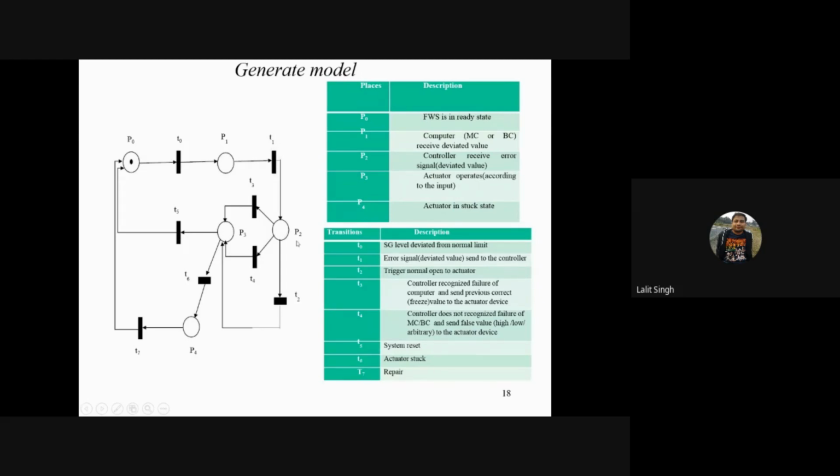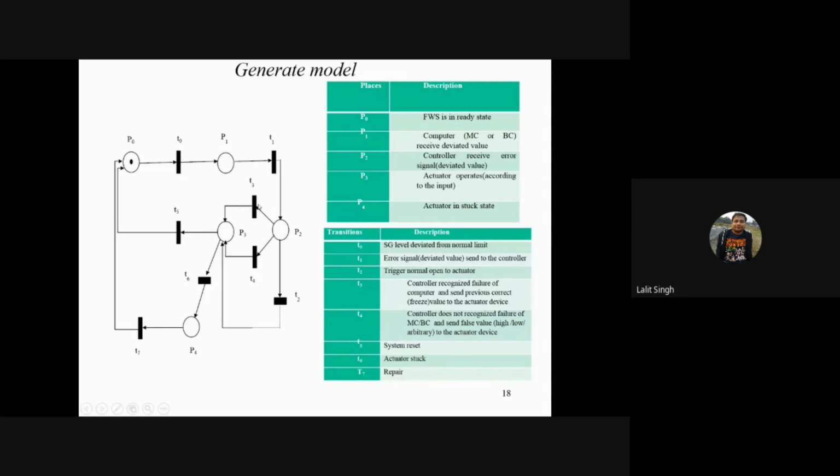And then the controller receives this error signal value. It's represented by T2. And then there are two possibilities. Either there could be some security threat which can influence this error value or this deviated value. So I have considered the two paths.